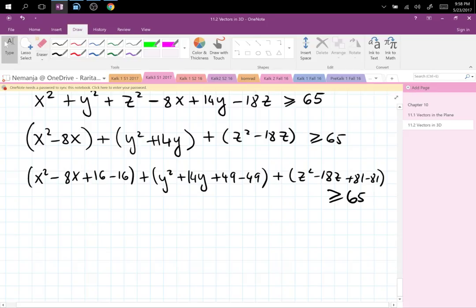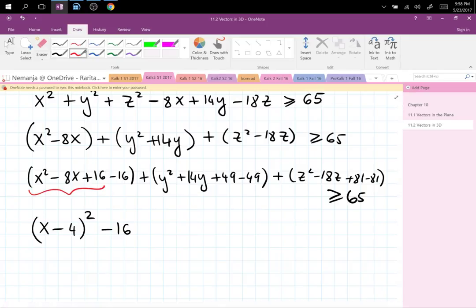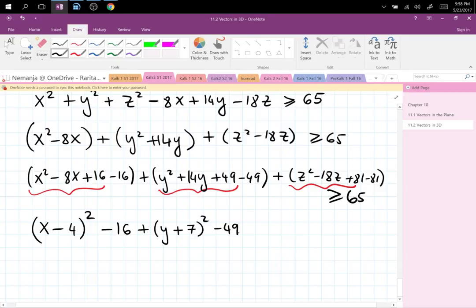Now, the first 3 will give us the completed square, which is x minus 4 squared, and we have the minus 16 floating about. Then the next 3 are a completed square, and these 3 are a completed square. So what I have is plus y plus 7 squared minus 49, plus z minus 9 squared minus 81, larger than 65.